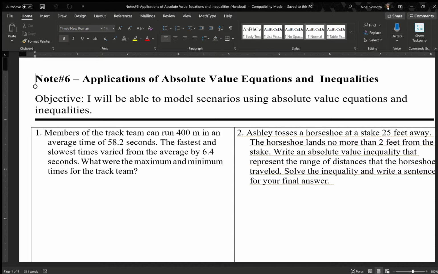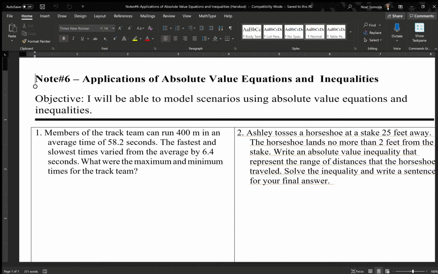Now think about it. The average time is 58.2, and the fastest and slowest times varied from the average of 6.4 seconds, which means it could be 6.4 seconds faster than that or 6.4 seconds slower than that. Because I see that I have a given number, and then it's just going to move slightly to one side or slightly to the other.